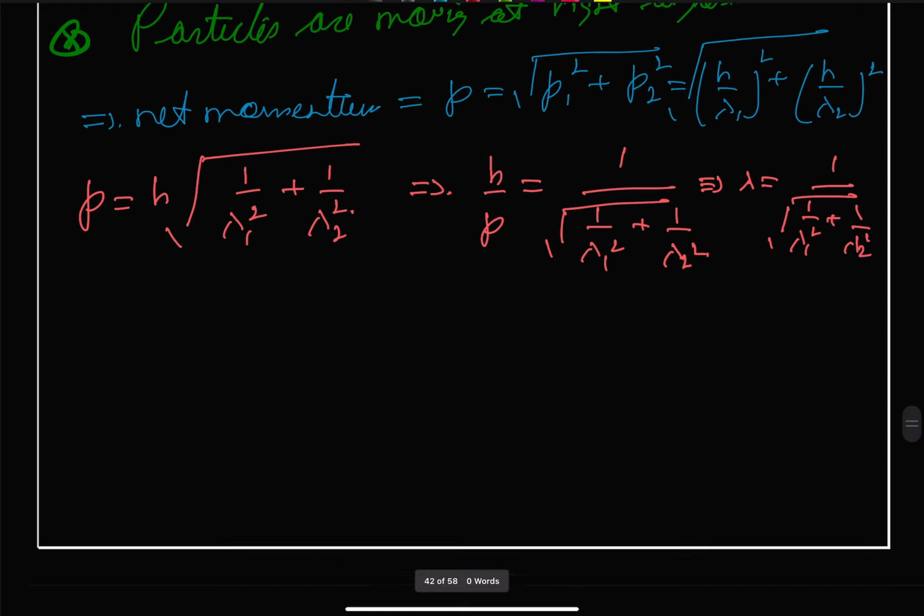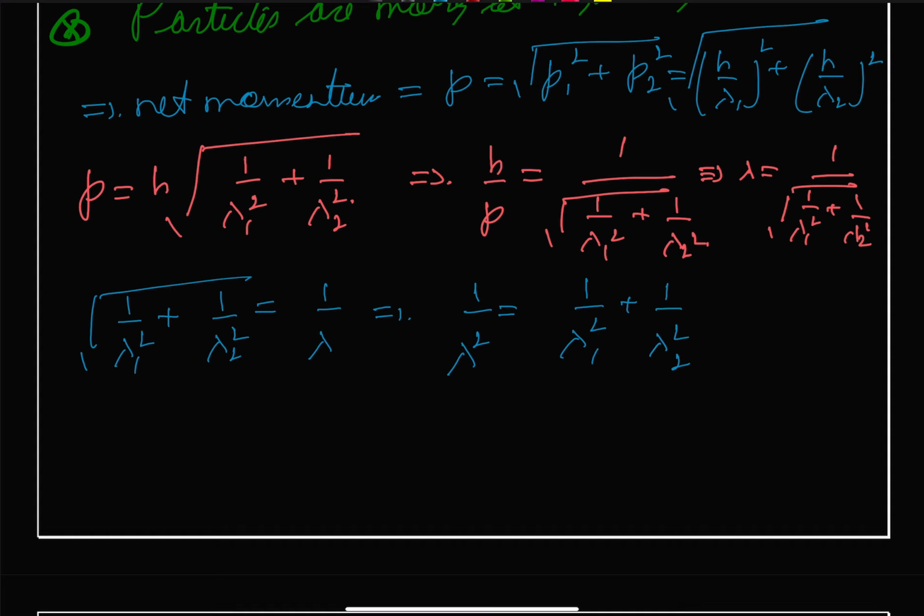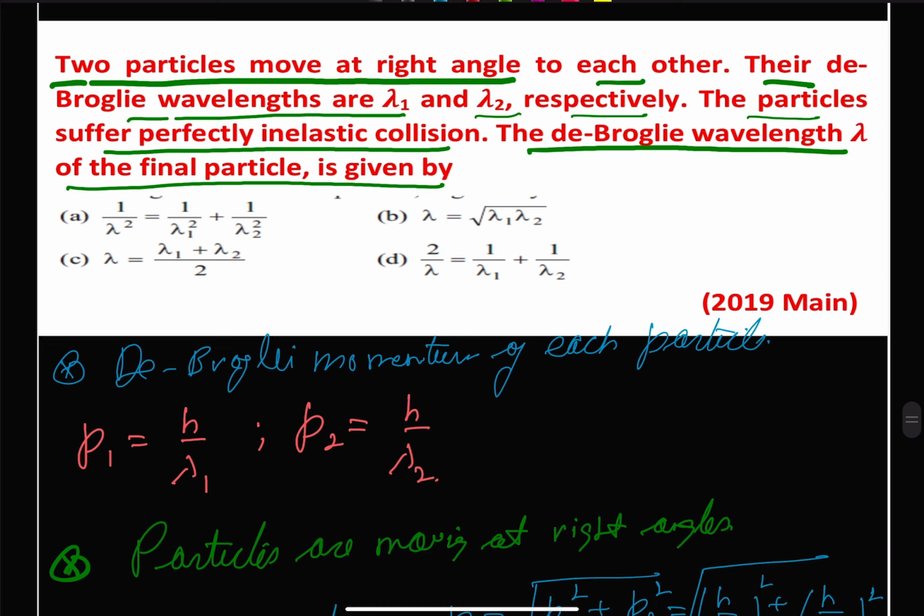So we can just cross multiply it. We get 1 upon lambda 1 square plus 1 upon lambda 2 square is equal to 1 upon lambda. And now squaring it, we get 1 upon lambda square is equal to 1 upon lambda 1 square plus 1 upon lambda 2 square. So the option number A is correct.